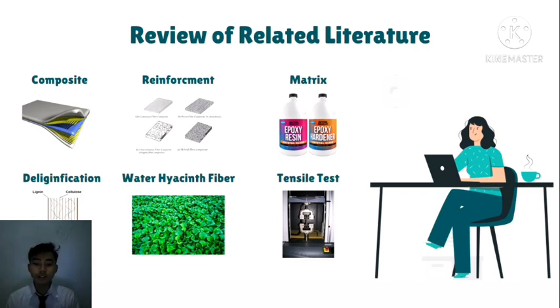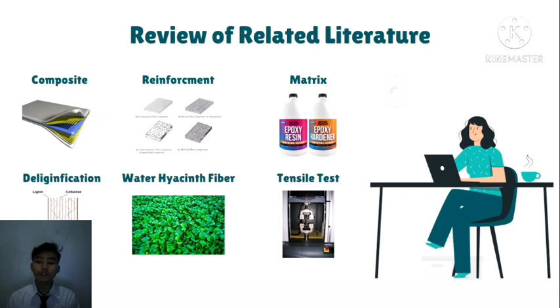Second is reinforcement. Reinforcement serves as an amplifier or main part that withstands load, has less ductile properties but is more rigid and stronger. Reinforcement can use fiber or powder. Third, matrix.